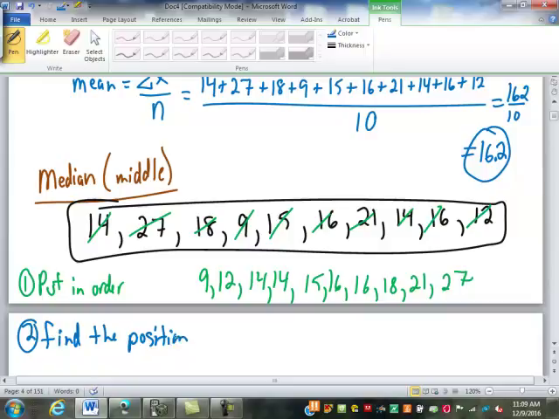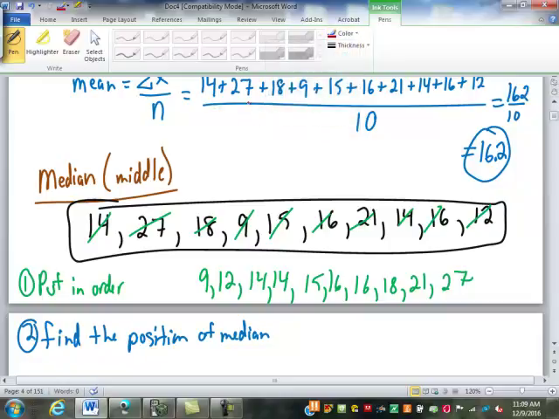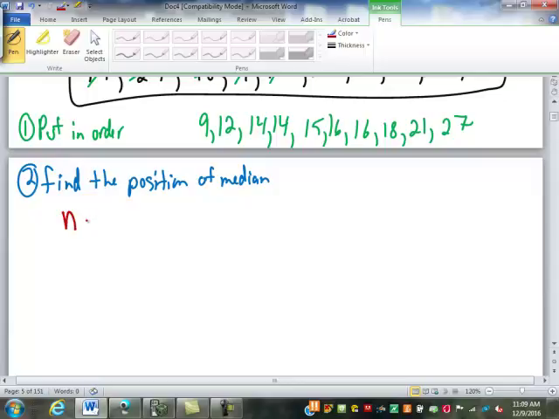Find the position of the median. The position of the median, there's two possibilities. If n is even, we take 0.5 or 1/2 times n, and we'll get a number.